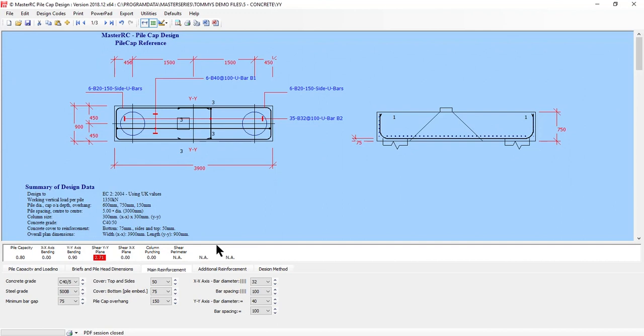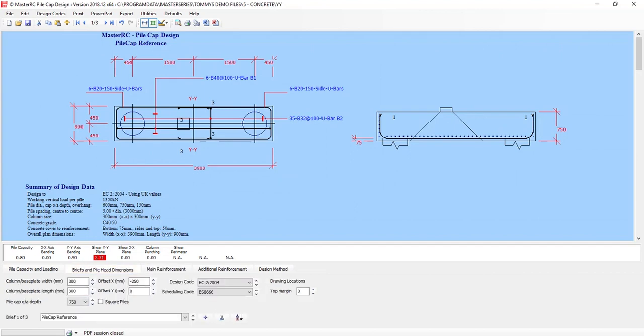We just don't have the shear plane for doing that. And it is a pile cap rather than a beam check, so it's not going to be looking at your side steel as links at this moment in time. So if that was the case, then I would go and do it as a physical beam rather than try and mess around and try and be overly smart with it in that respect.